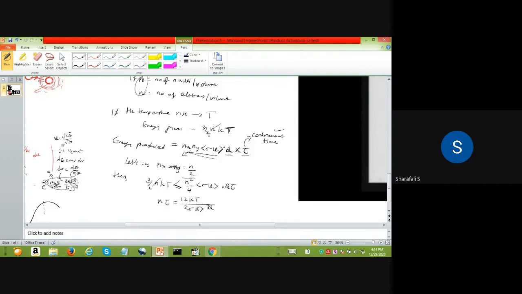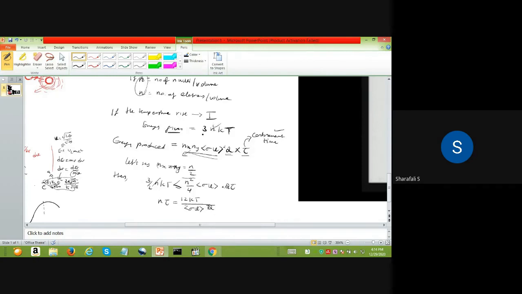Sorry, I made one mistake here. This is 3 nkT. If the temperature rises by T, the energy given to the system will be 3 nkT. If you have n number of particles, n number of nuclei or electrons, then the energy given to those will be 3 nkT.